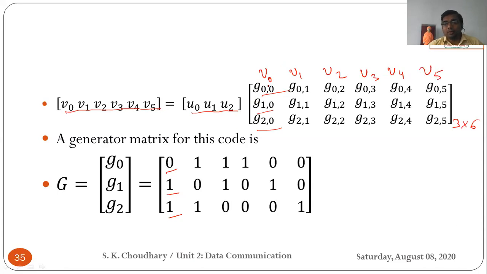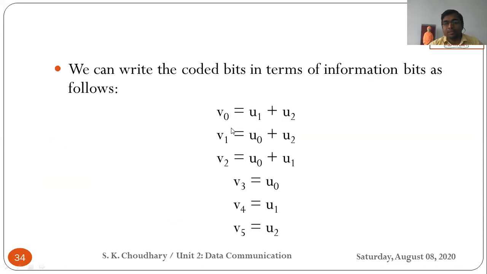Okay. So what is the equation we have written for this? If you remember the previous slide, V0 is U1 plus U2. V1 is U0 plus U2. And V2 is U0 plus U1.